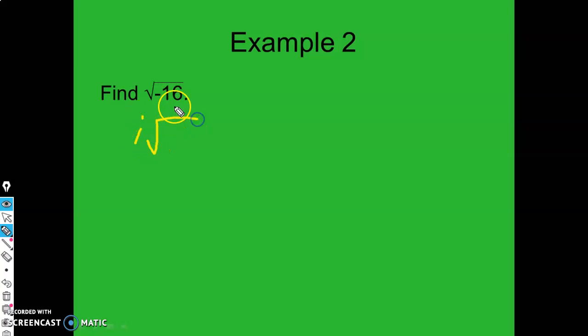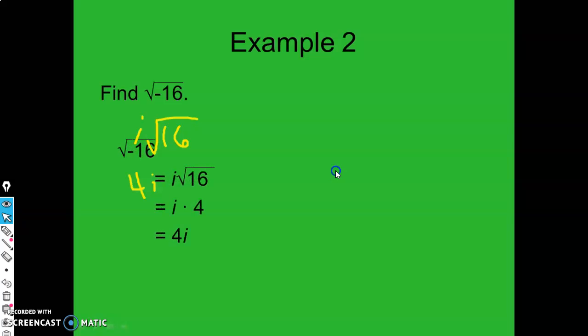What that property says we could do is take out an i for that -1, that negative that's in here. Then we would just be left with the square root of 16. Now you'd actually want to simplify this as 4i. With imaginary numbers, you put the real number part in front, and then the imaginary part. So that's how you would simplify the square root of -16.